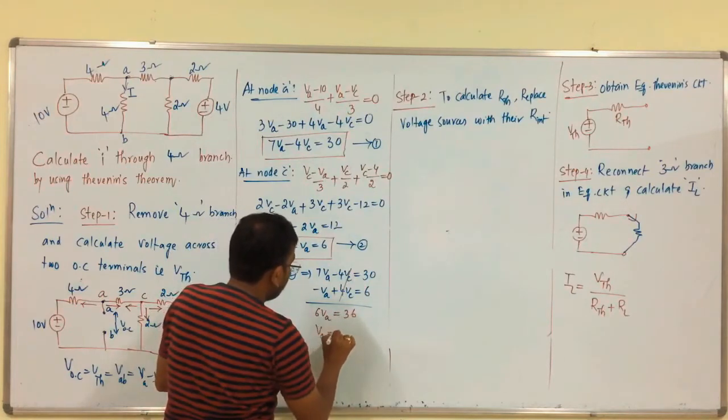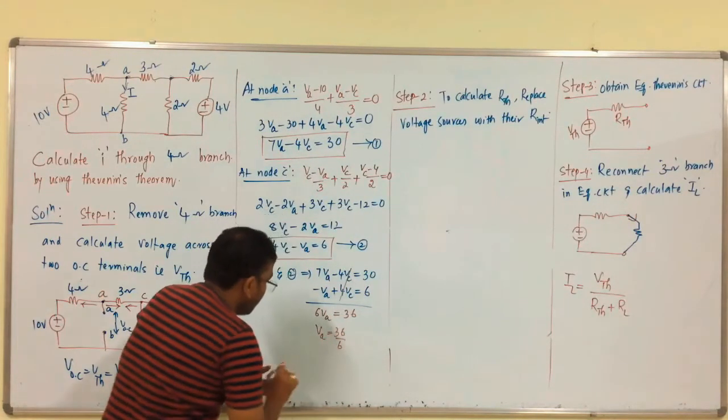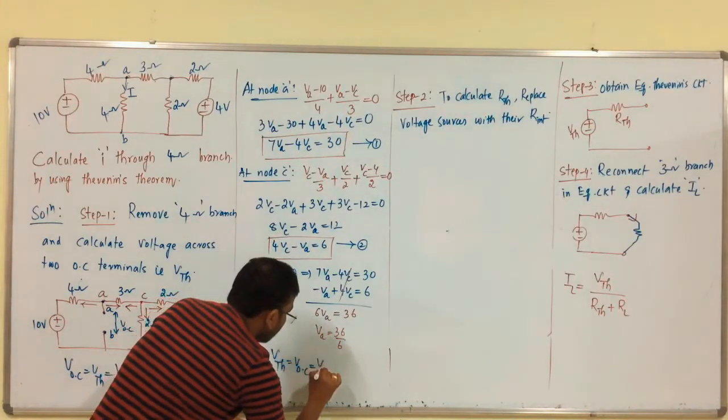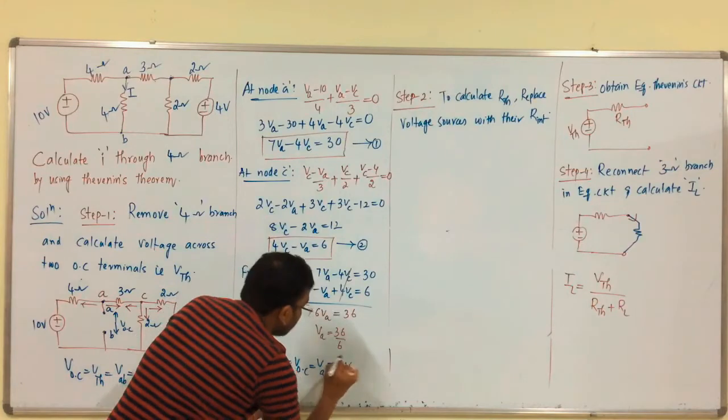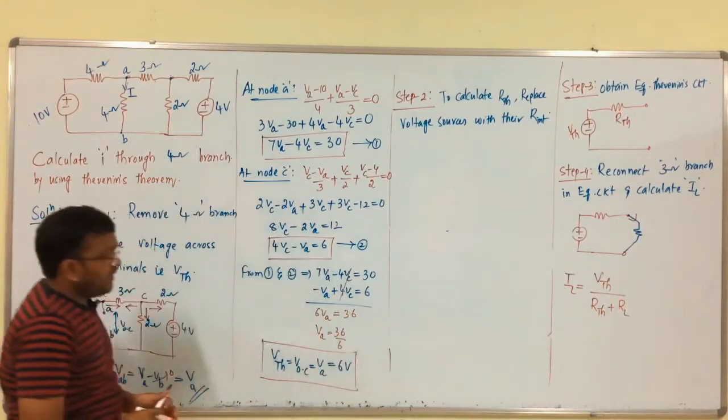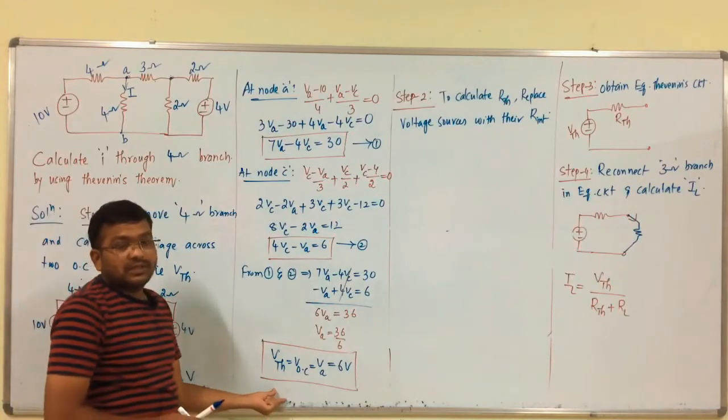VA equals 36 by 6, which is VTH, which is VOC, which is VA, equal to 6 volts. So, we got Thevenin's voltage as 6 volts.